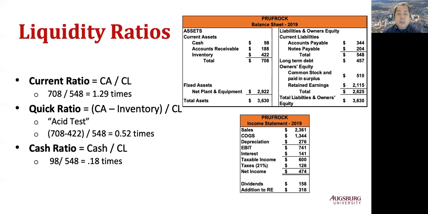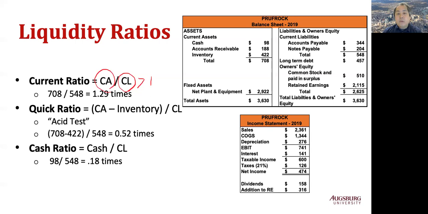The first one is the current ratio. Current ratio simply compares the current asset with current liability. We want this current ratio above 1 because we want to have enough current asset to cover current liability.